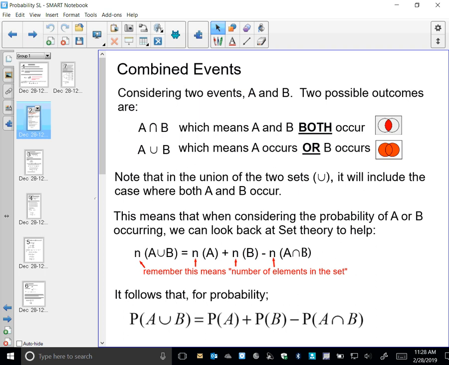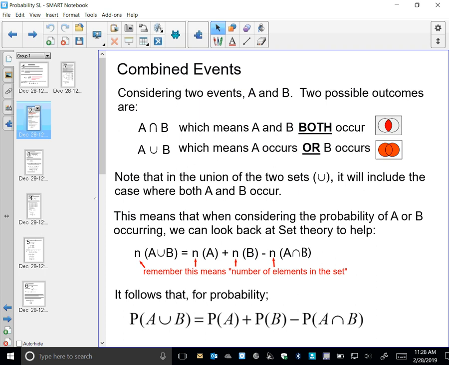Alright, combined events. So we've got 2 events, A and B. The 2 main situations we're looking at is that both events A and B occur at the same time. Okay, so that would be the intersection. So I've done a little picture of it as well. So it's saying that A and B is happening at the same time.